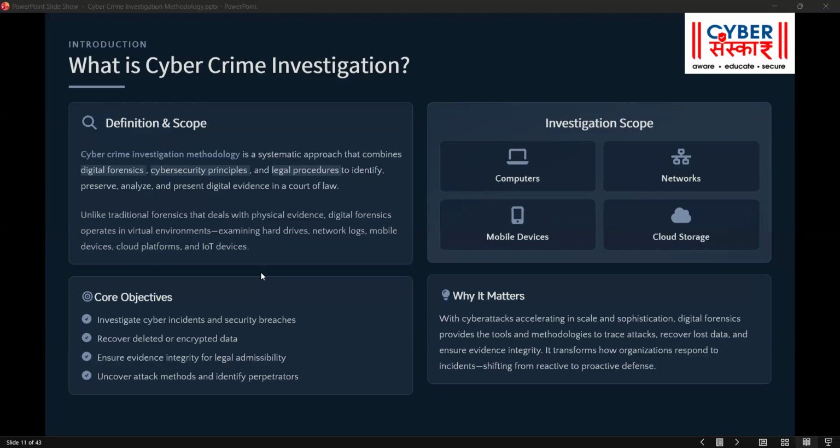Ultimately, after collecting the various evidences and preparing the charge sheet, it is sent to the court, and further the court takes legal action against the persons. Now here it is the same procedure, the same method. It is a systematic approach that combines the digital.